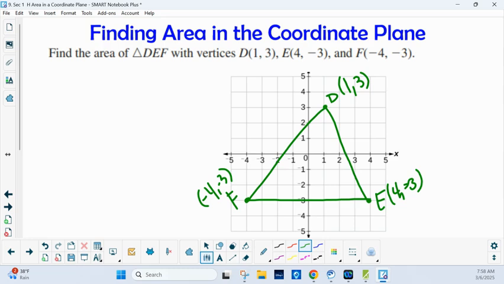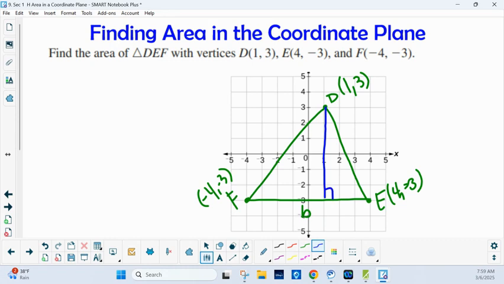Yeah, F and E. If there's a perfectly horizontal or vertical side, that's going to be the easiest route because it's going to help us in a couple different ways. Right? If we let this guy be the base, let's just put a B there, then the height has to come from the vertex across from it straight down and make a right angle.